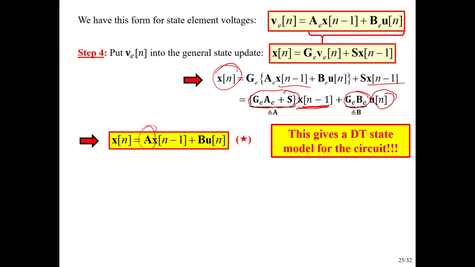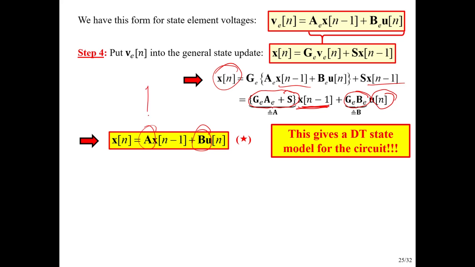I figured out what A is. I figured out what B is. So remember, the G inverse is in there. The M1s are in there. The delta is in there. And now an S is in there. All these things are built into there.